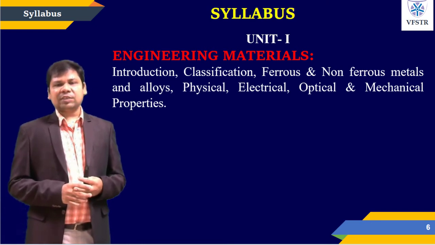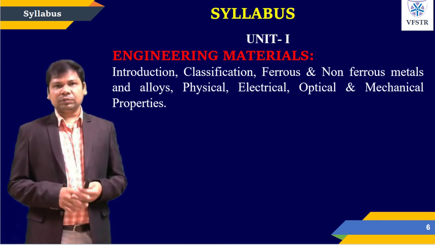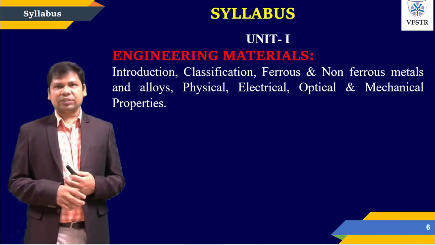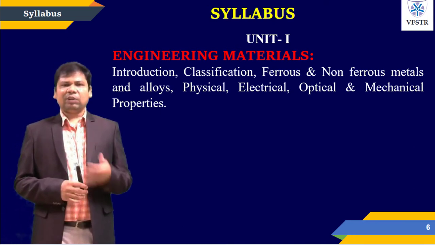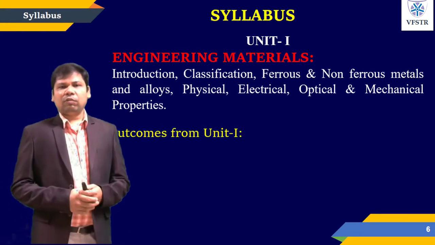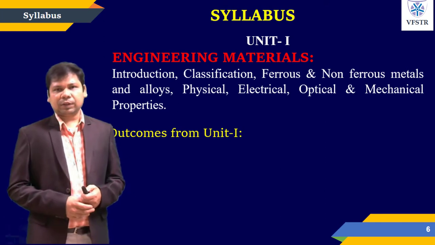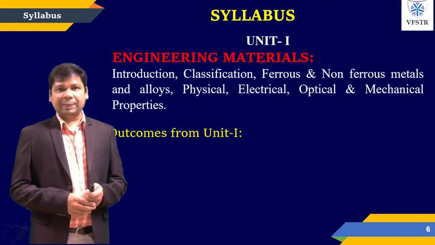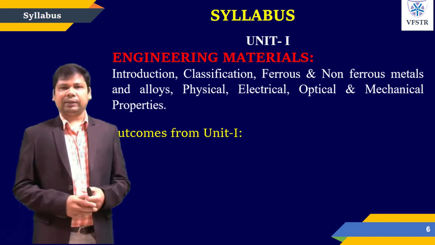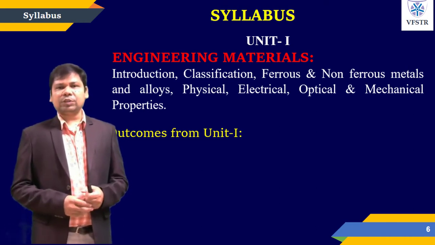What is the impact of steel material on the industrial revolution? And what are the various cast iron materials and their applications? Not only learning the list of materials, we will also learn the properties of the materials. The properties may be physical, chemical, mechanical, optical, or any other category. So all these properties we are learning.